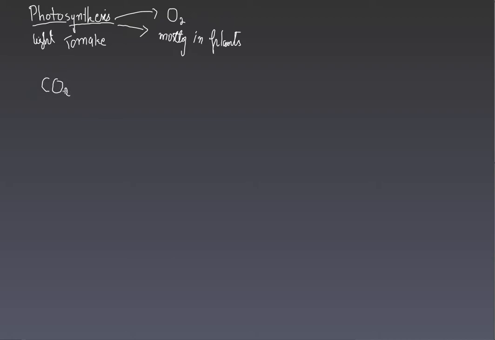What we are doing is taking carbon dioxide along with water, and we are making glucose. We are also making some water at the end too, and along with water we also have oxygen, which is released by the plant, which we breathe.